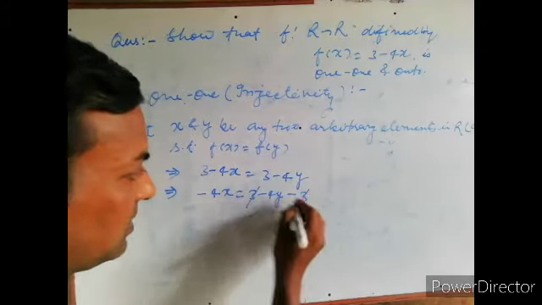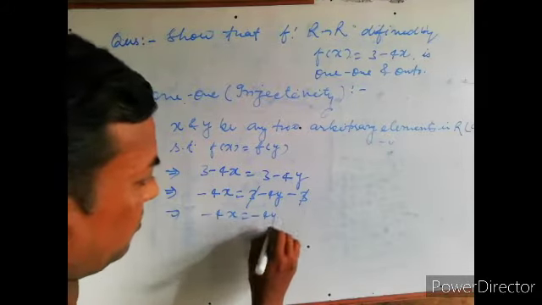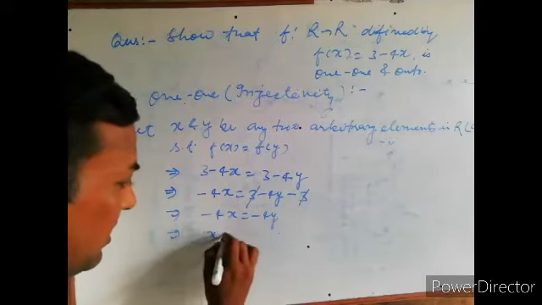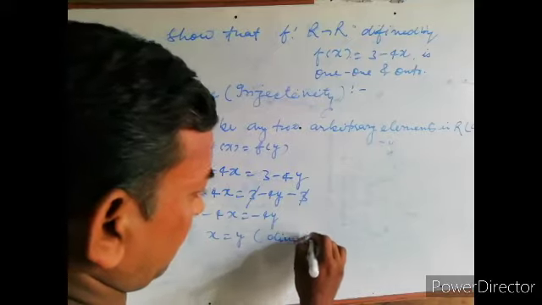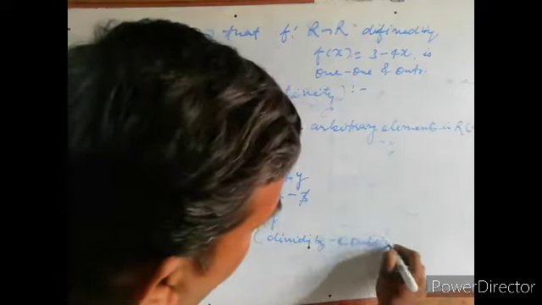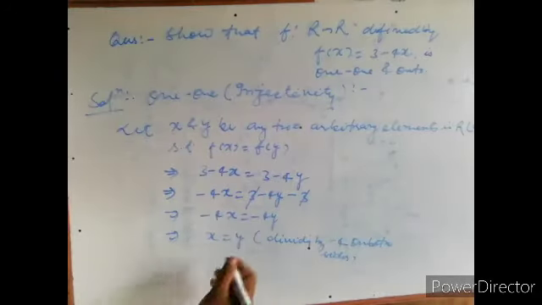The plus 3 and minus 3 cancel. This implies minus 4x is equal to minus 4y. Means if you divide by minus 4 on both sides, we get here x is equal to y.